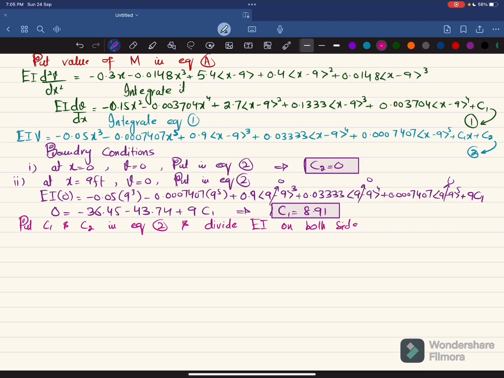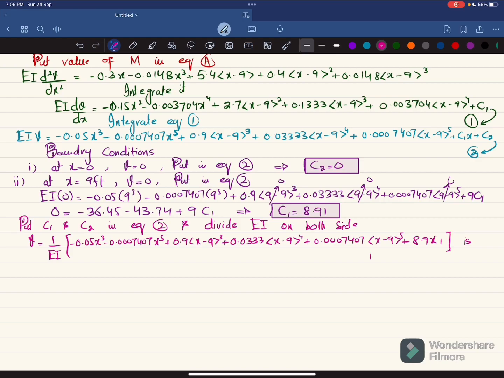So v is equal to 1 over EI into minus 0.05 x cubed, minus 0.0007407 x to the power 5, plus 0.9 into (x minus 9) cubed, plus 0.0333 into (x minus 9) to the power 4, plus 0.0007407 into (x minus 9) to the power 5, plus 8.91 x, and c2 is equal to 0.